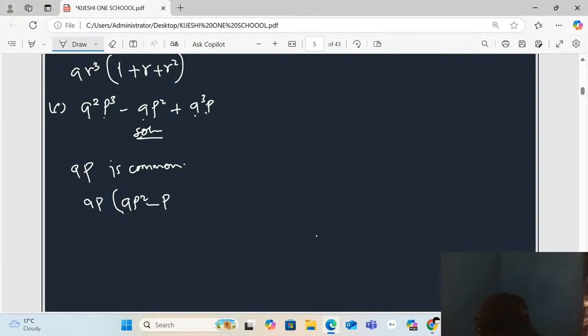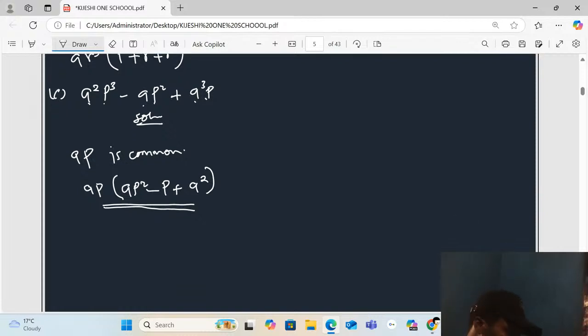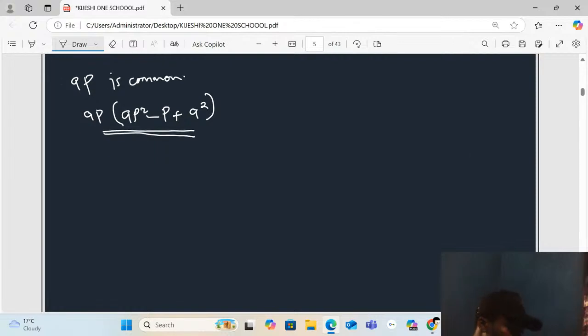Then plus a cubed p, we remain with a squared. That is how we get our final answer when we factorize. So we have ap times ap squared minus p plus a squared. Good.